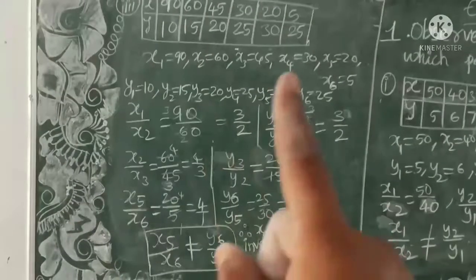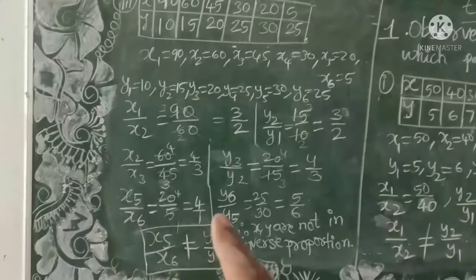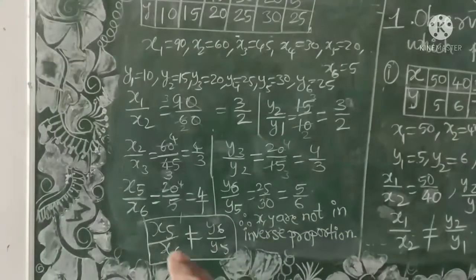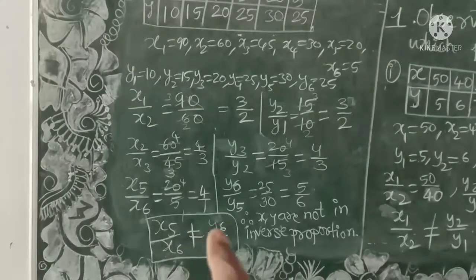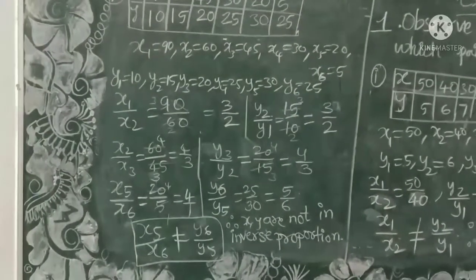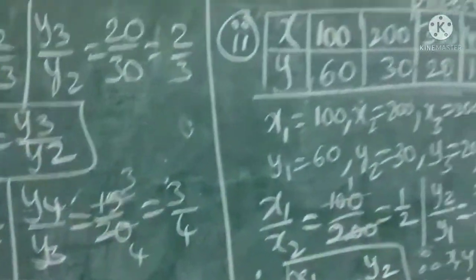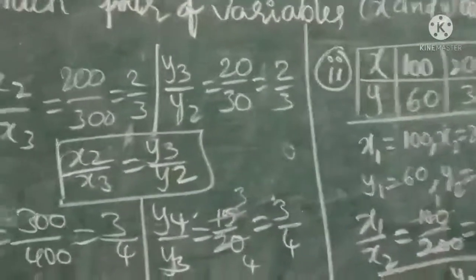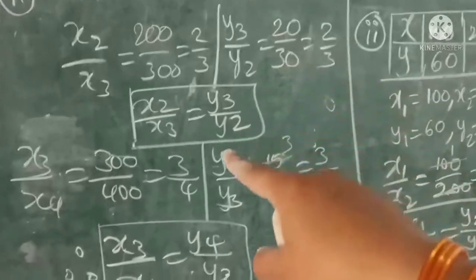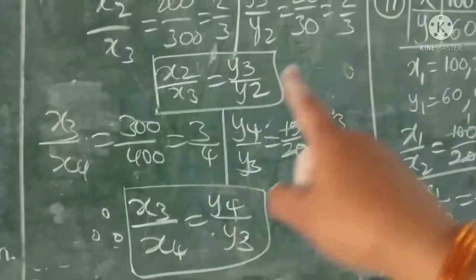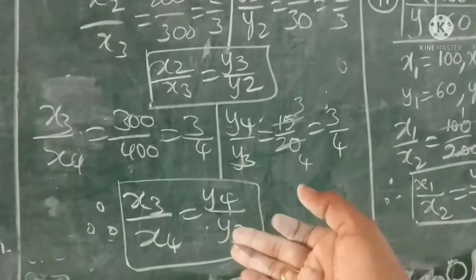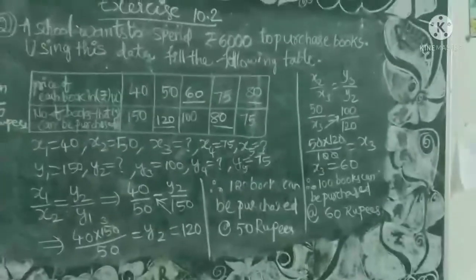But when I checked x5 by x6 with y6 by y5, we got different answers. x5 by x6 is not equal to y6 by y5. Therefore, x, y are not in inverse proportion. In the second question, if we try the remaining also, we will get the same answer. x2 by x3 and y3 by y2 will be the same. The condition is satisfied. In this case also, x3 by x4 is equal to y4 by y3. This condition is also satisfied.